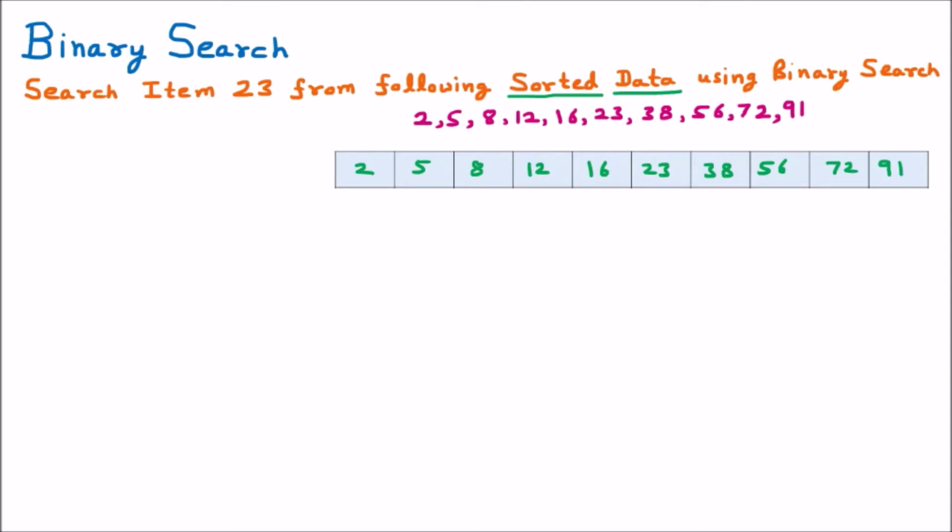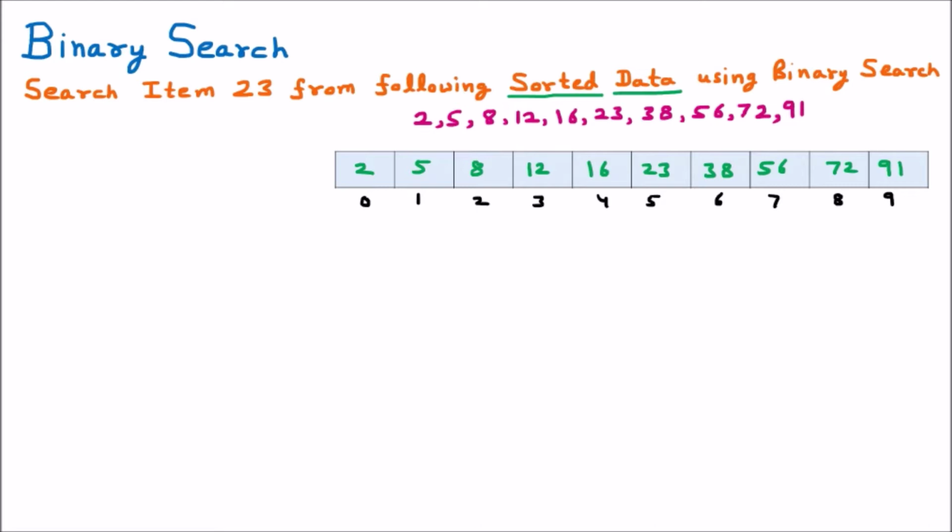We know that an array always starts from the 0 index value. So here we are taking the index values 0, 1, 2, 3, 4, 5, 6, 7, 8 and 9. So these are the index values of this array. That means we have 10 elements, starting from 0 and going till 9.